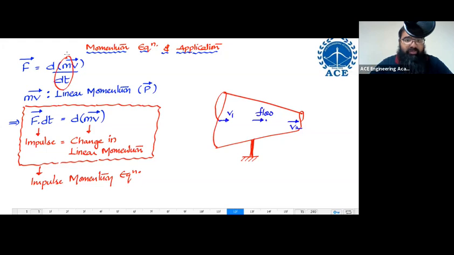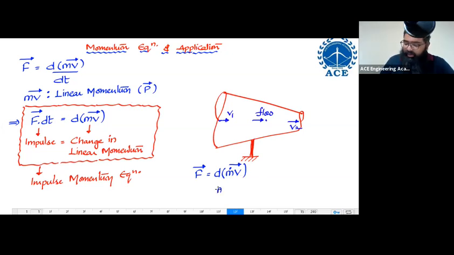Please try to understand this. In the case of solids, mass was remaining constant. There was no mass flux. But in fluid, since there is mass flux, I'm going to give this mass variation to time. Now the equation is going to become force equal to d of m dot into v.